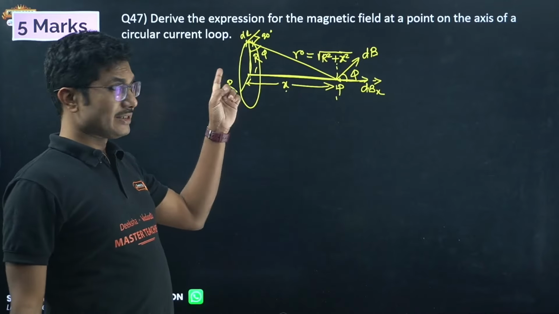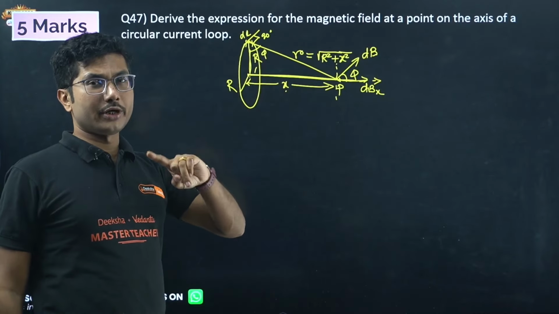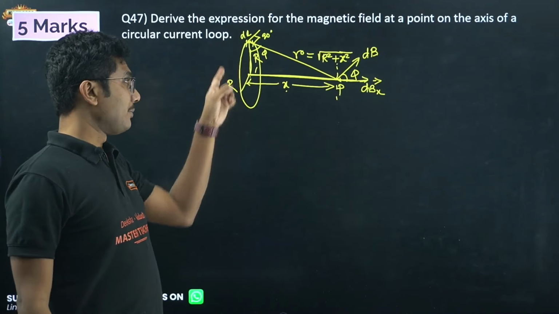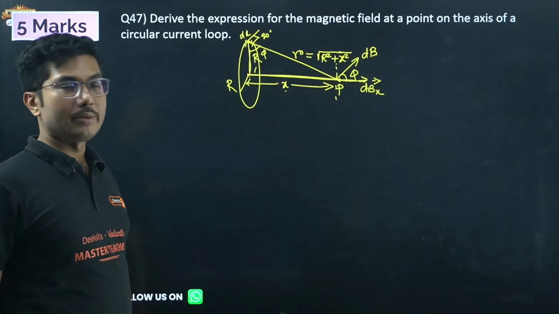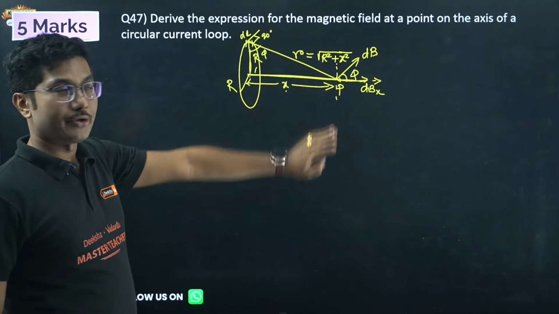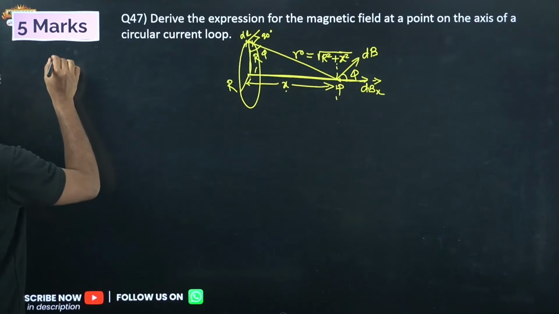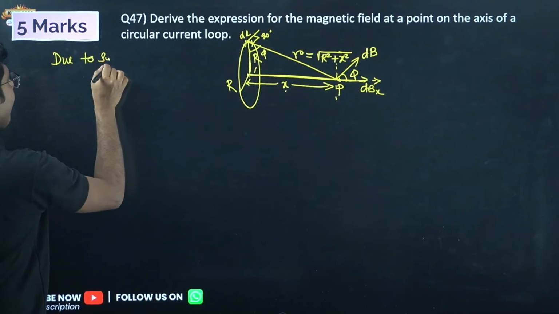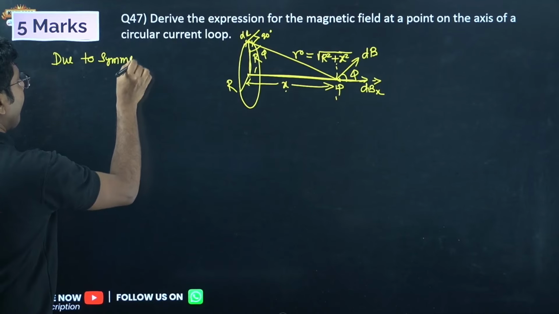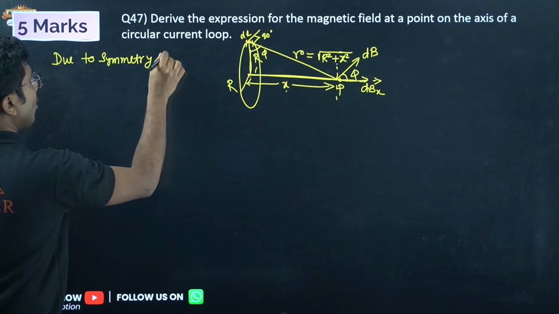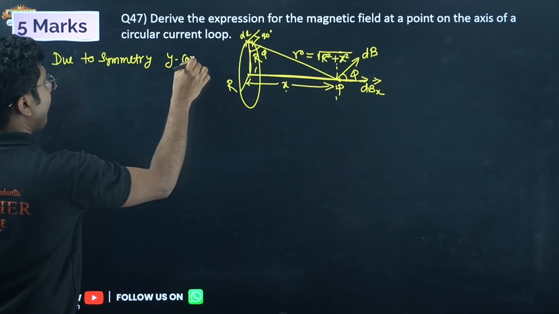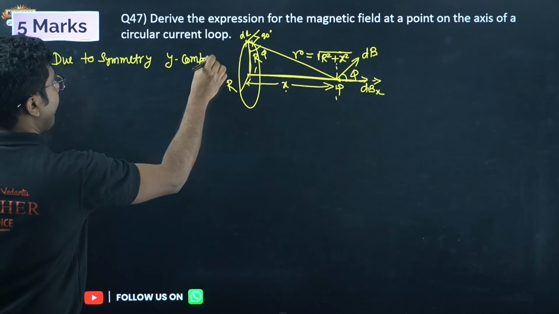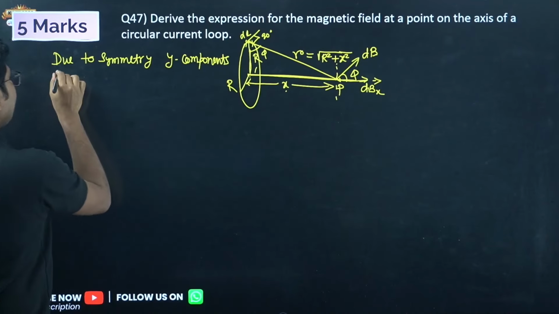If symmetry is there, one component will always cancel, remember that. Only the x component will remain. So you have to mention: due to symmetry, y components will cancel.